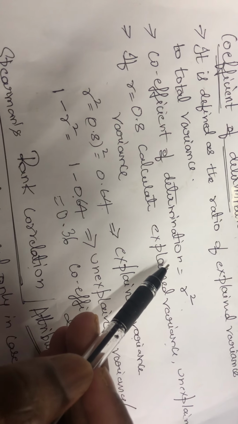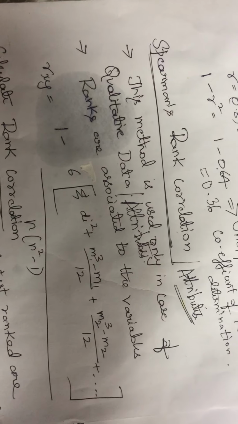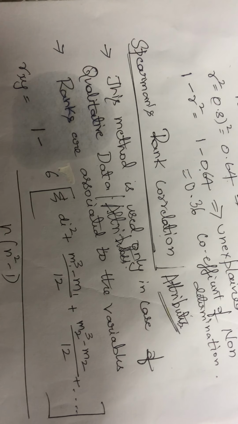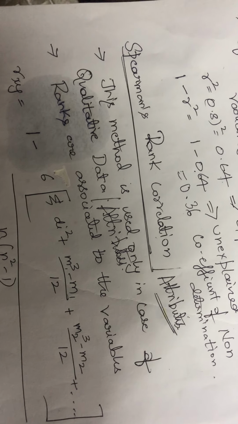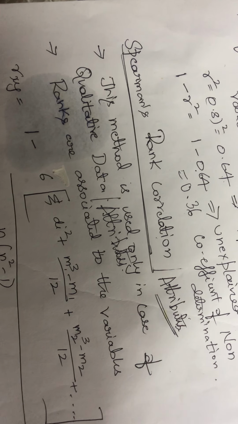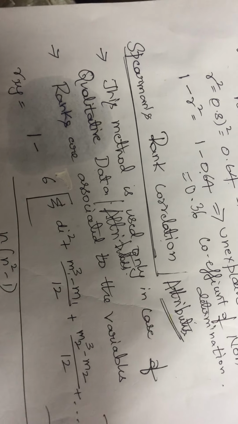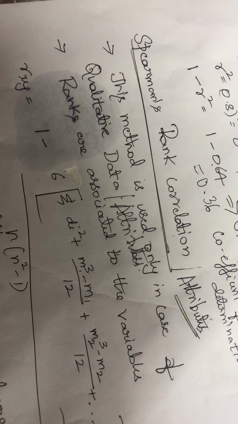Now, even though we have Karl Pearson's correlation, we have to learn another concept, that is Spearman's rank correlation. Why are we going to learn Spearman's rank correlation? Because under Karl Pearson's method, only variables are studied.